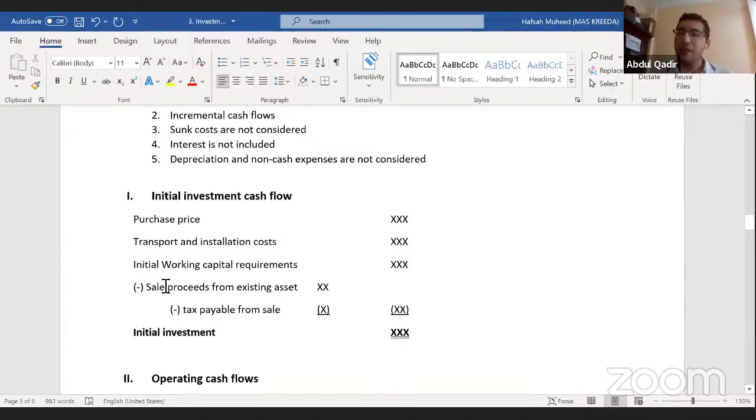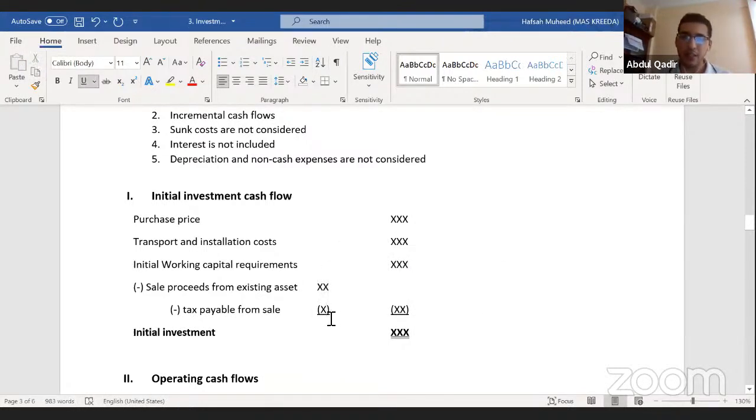But we might have an existing old machine in our factory. So then we can sell it and maybe recover some amount. We can recover our cost, right? So then we deduct those sales proceeds from an existing asset if you have. But sometimes the question can say you might have to pay a tax on this. So first of all, once you have your sales proceeds, first deduct your tax. Let's say your sales proceeds is 100, your tax is 20.